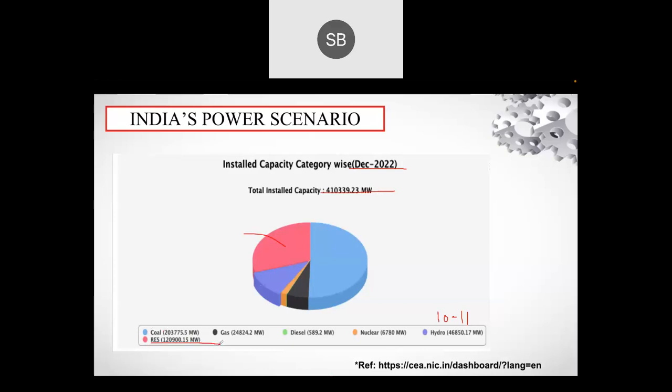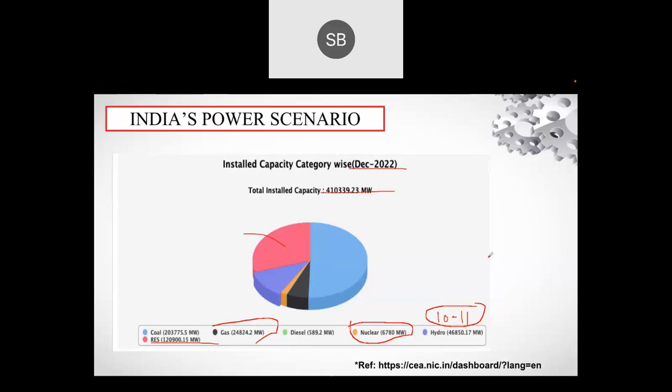10 to 11%. Generally coal has nearly 50 to 55%. Renewable energy resources will have nearly 30% share.